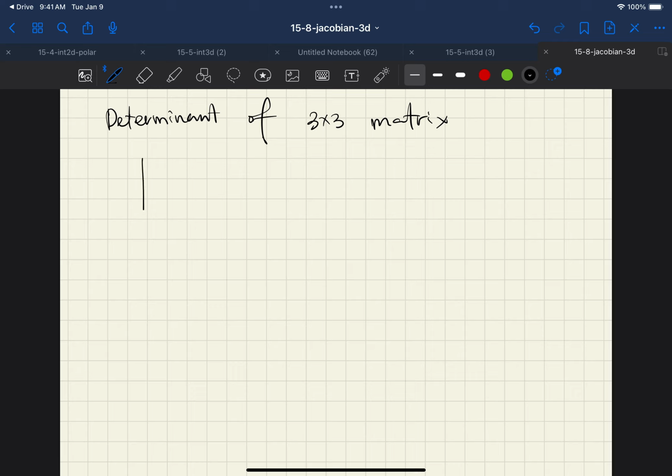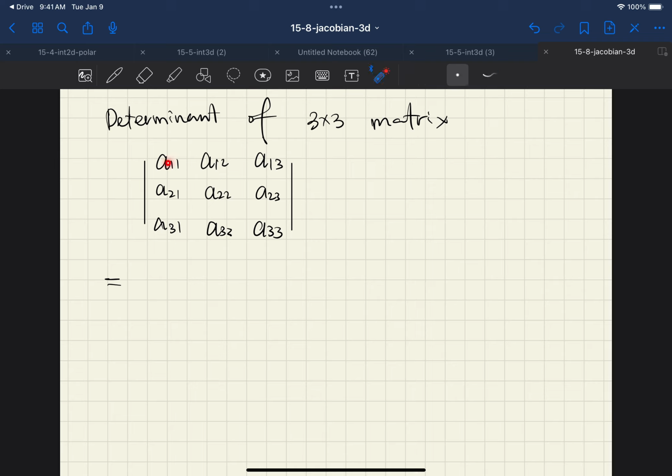There are many ways to evaluate the determinant of a 3 by 3 matrix, but this is one of the original definitions. This definition is the so-called first row cofactor expansion.